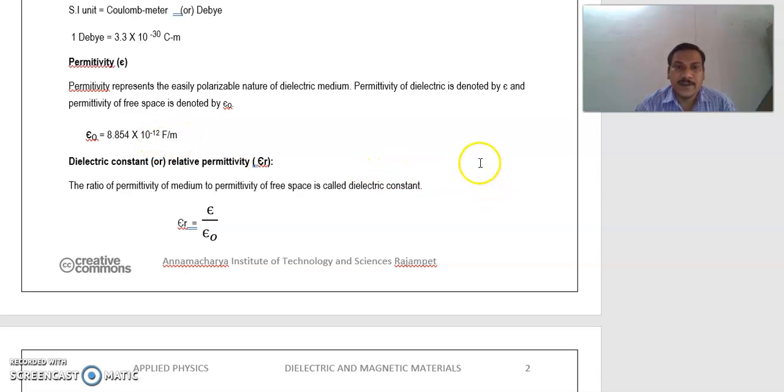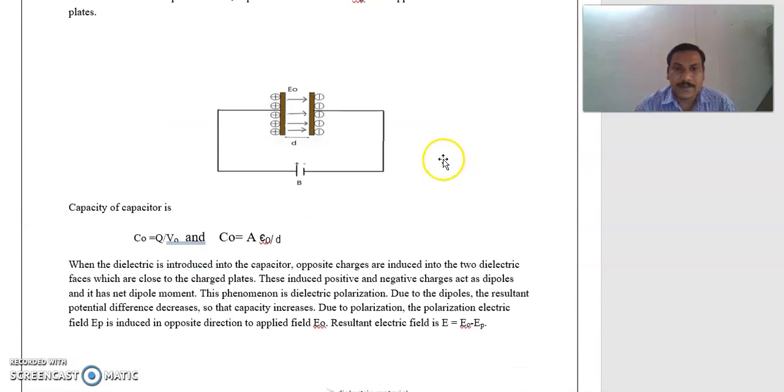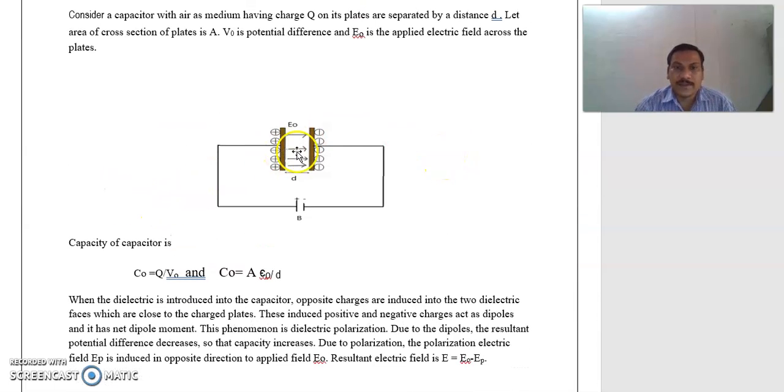Here, if you take any one capacitor, with two capacitor plates connected to the battery's positive terminal and negative terminal, then positive charge is induced on one capacitor plate and negative charge is induced on the other capacitor plate.